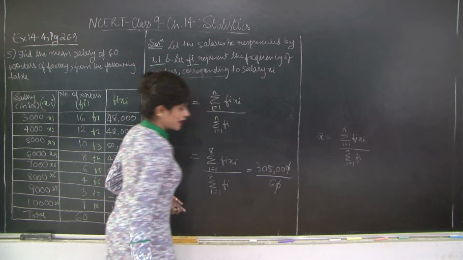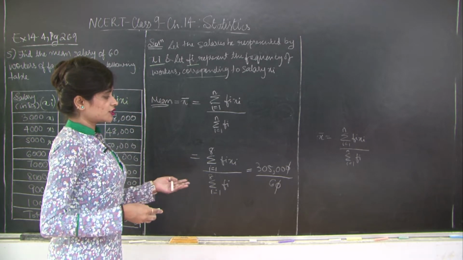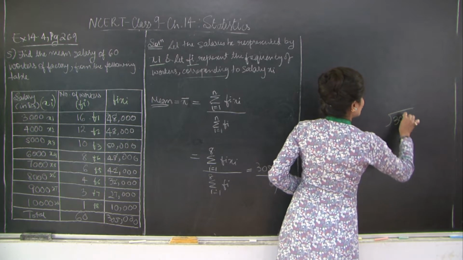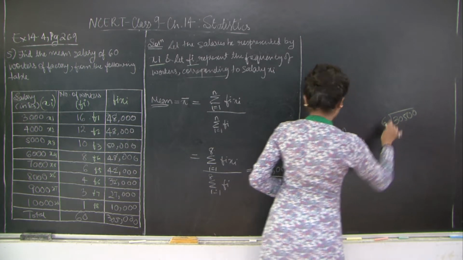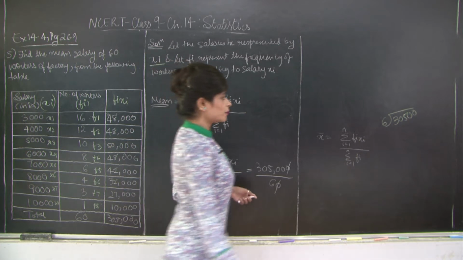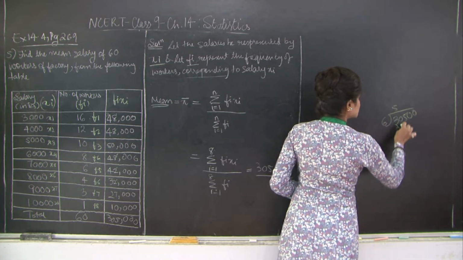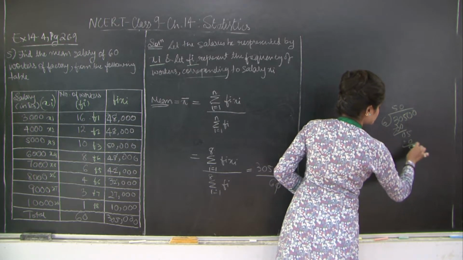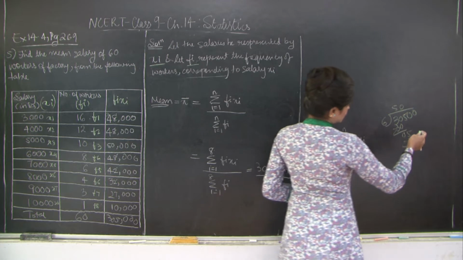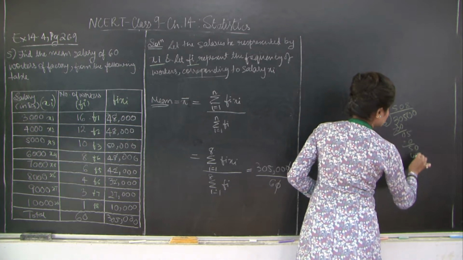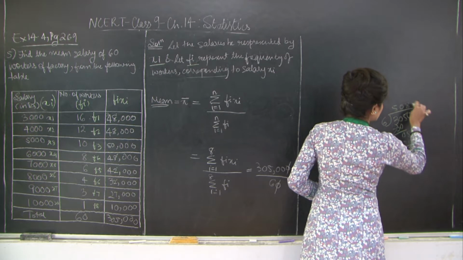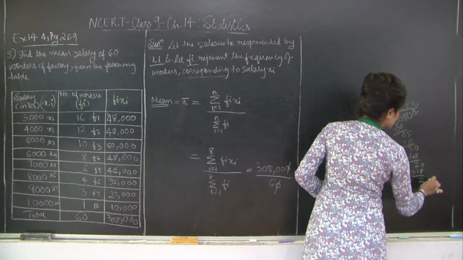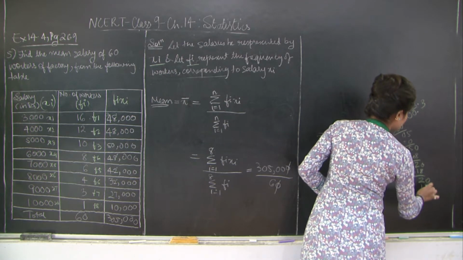0 and 0 will cancel off. We will divide 30500 by 6. Not 60, because we have cancelled out the 0. So 6 5s are 30, 0, 0. Then 6 7s are 42, 6 8s are 48, 6 3s are 18. You add a decimal here and here. 6 3s are 18, 2.